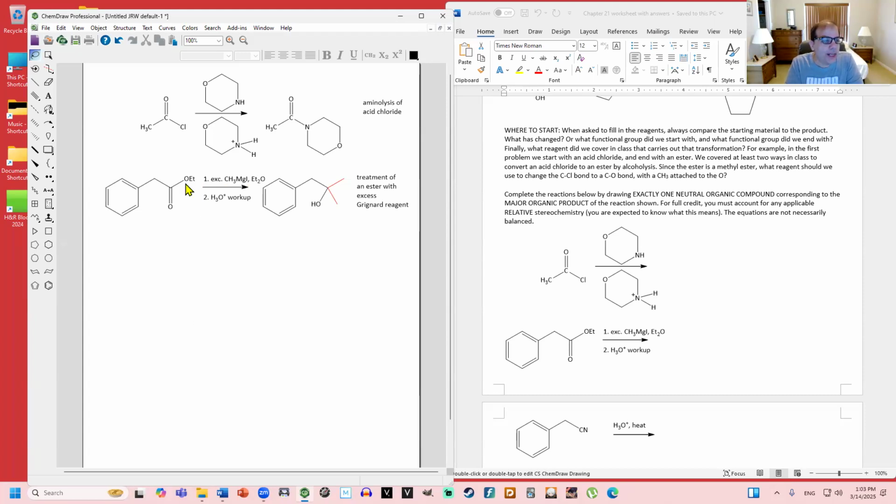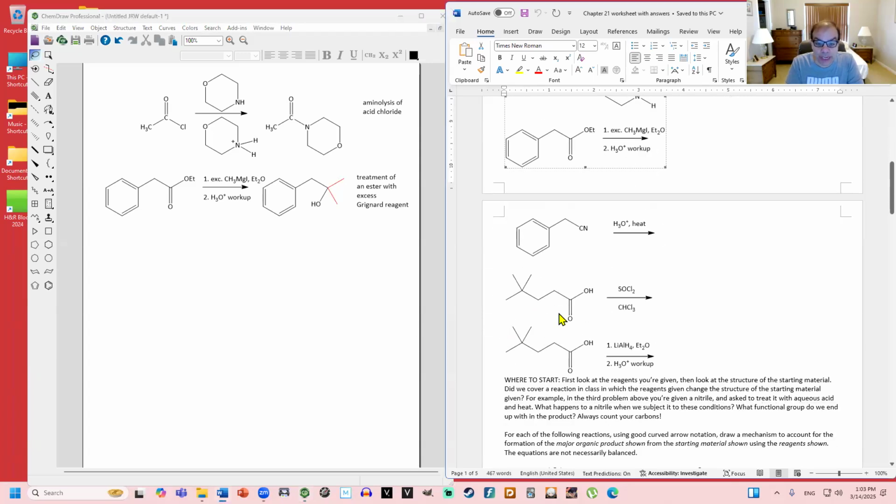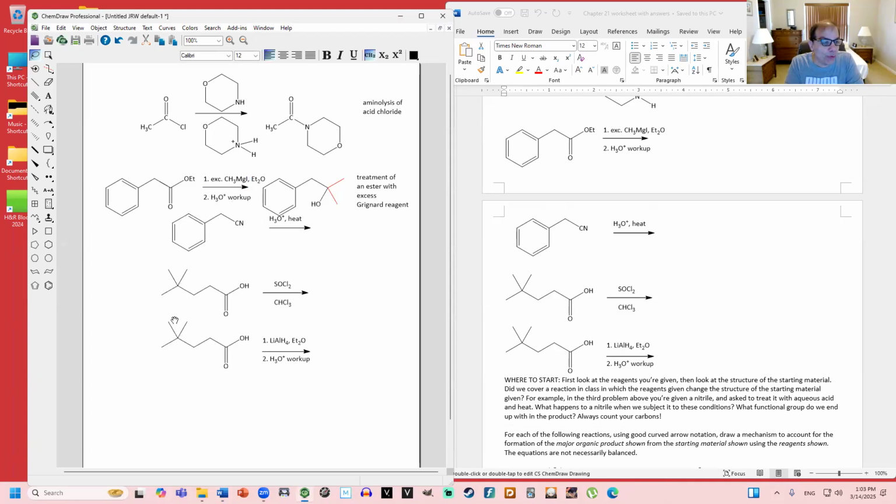And so methyl or ethyl esters of this type are very readily available, at least as much so as acid chlorides, if not more so. And so the product will be a tertiary alcohol resulting from addition of two equivalents of the Grignard reagent. So much for those problems. We've dispatched those. We've got a few more over here.